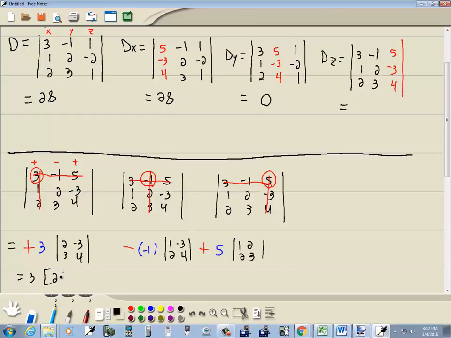Okay, cross multiply 2 times 4 minus 3 times negative 3. Always a minus in the middle. Negative negative is positive. Cross multiply 1 times 4 minus 2 times negative 3, plus 5, cross multiply 1 times 3 minus 2 times 2.